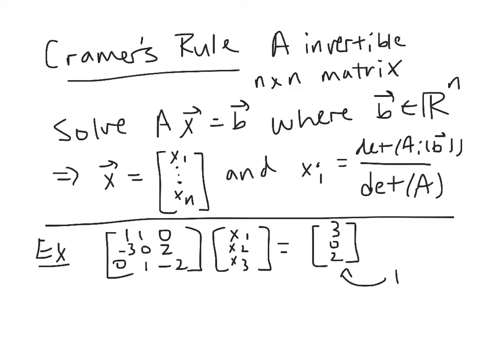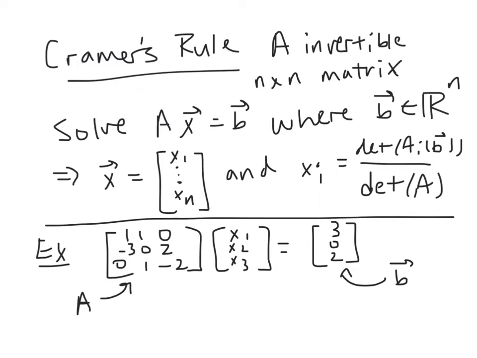So this vector on the right is our vector b, and this matrix on the left is our matrix A. And we need to compute a variety of things to compute the solution.